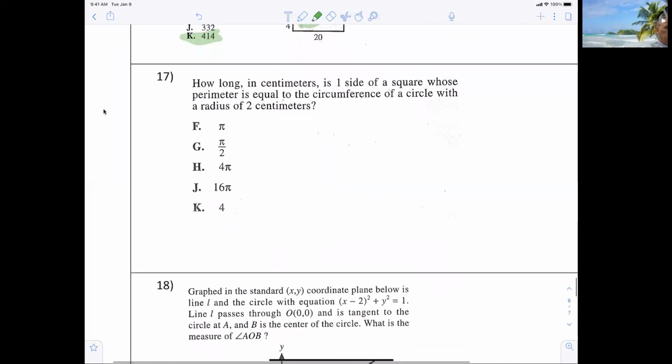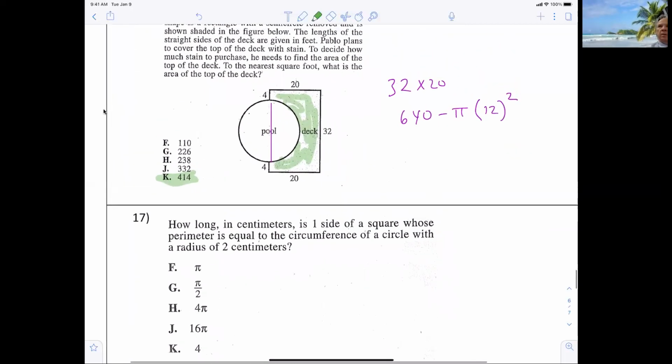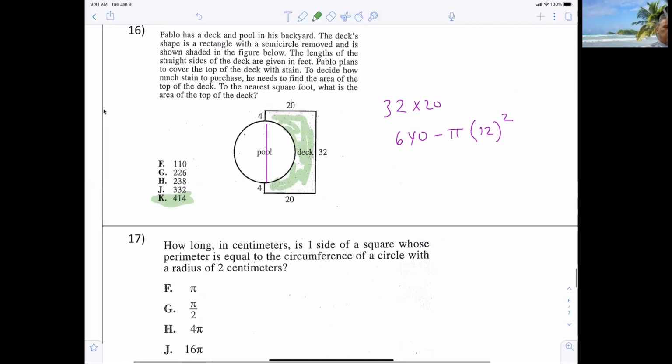All right, here we go. 640 minus pi times 12 squared. Do that right on your calculator.